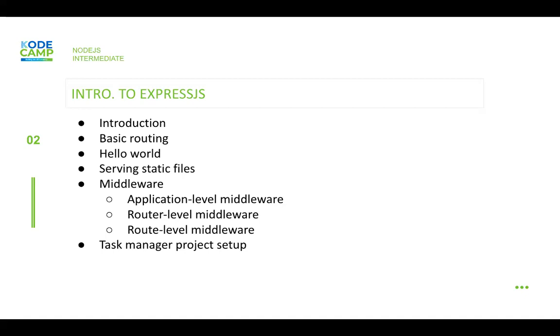In routing, Express simplifies the process of defining routes for your application. You can define routes for different URLs and HTTP methods, making it easy to handle various types of requests and direct them to different parts of your application. And then the middleware. Unfortunately, we did not implement middleware in this Node application.